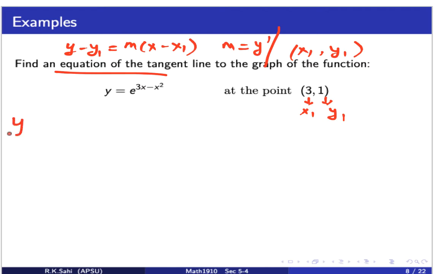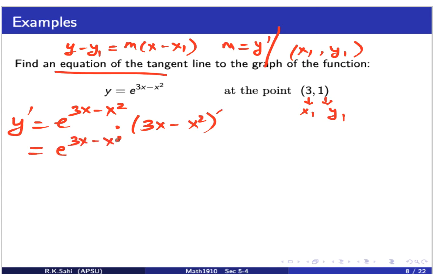So what's y prime? e to the power 3x minus x squared times the differential of 3x minus x squared. What do we get? e to the power 3x minus x squared times 3 minus 2x. Now remember, you have to evaluate y prime at 3 and 1.